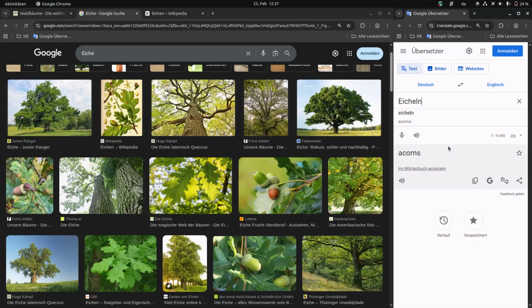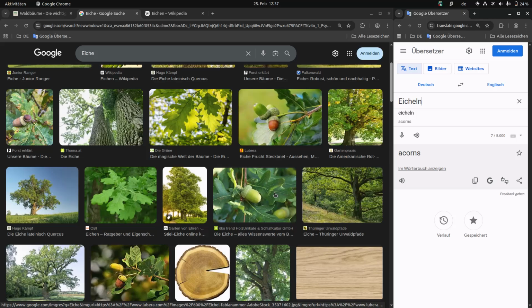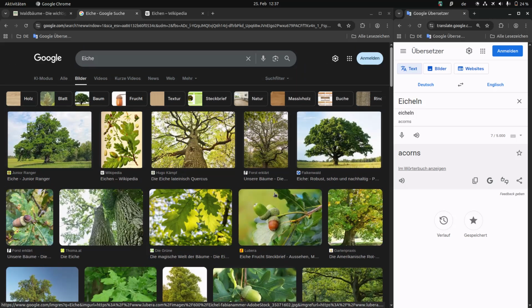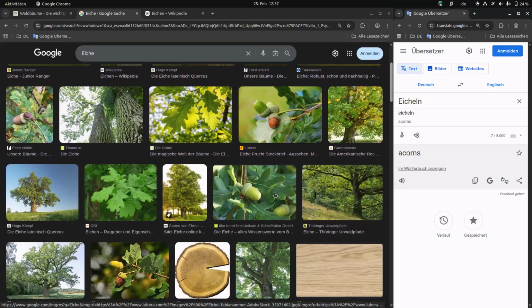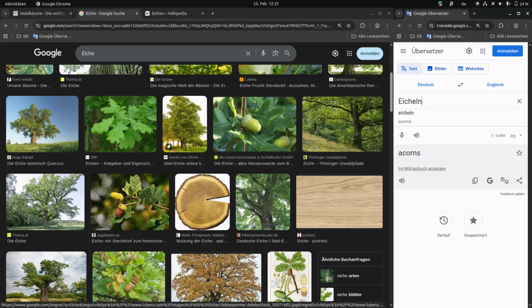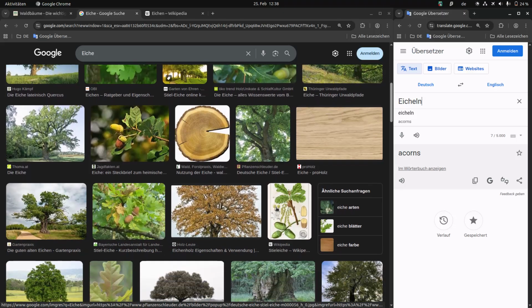It has these typical acorns, which have these, I would call them hats, and the typical shape. I believe every one of you has probably seen one before. And oak wood I think is also one of the strongest woods. It belongs to the harder woods.